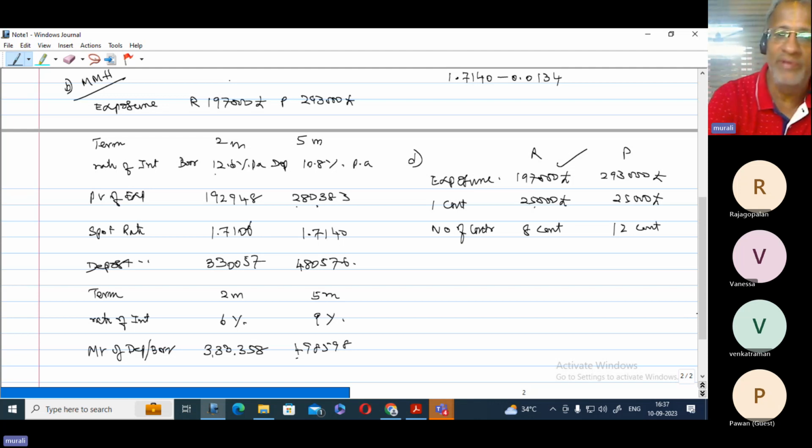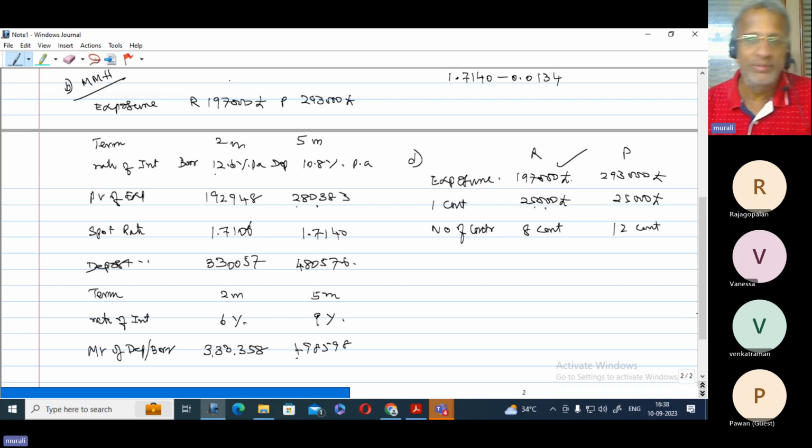So we will have here pound sterling. This may be in dollar. Dollar will be converted into pound, and then we will be finding out. Whereas in this particular case, we are very fortunate that the contract denomination of one contract and the exposure denomination are falling in the same currency. Therefore, in the very first place itself, we are doing this.